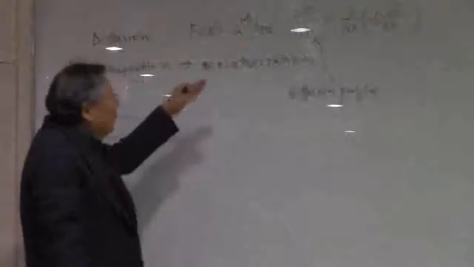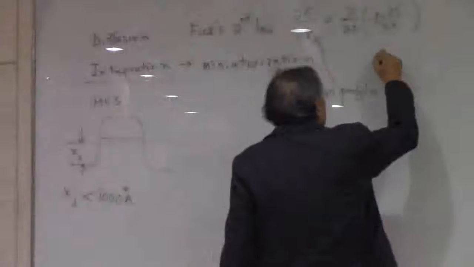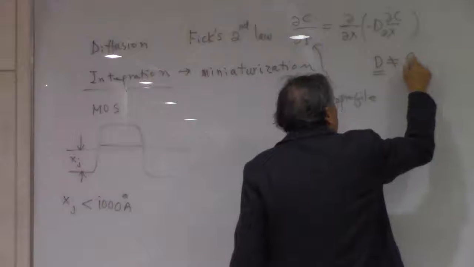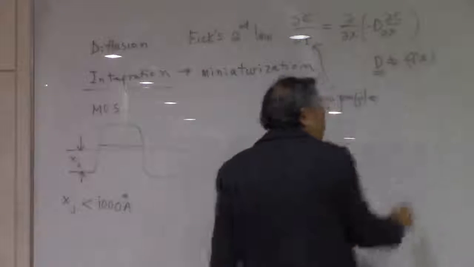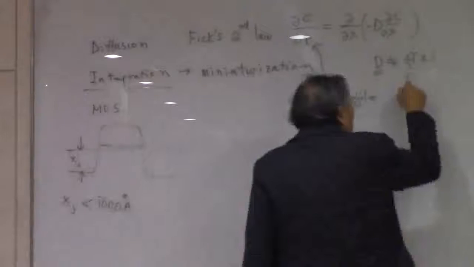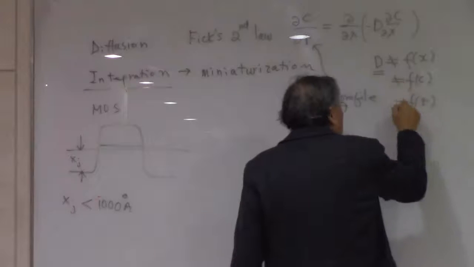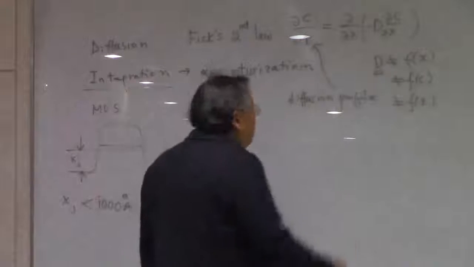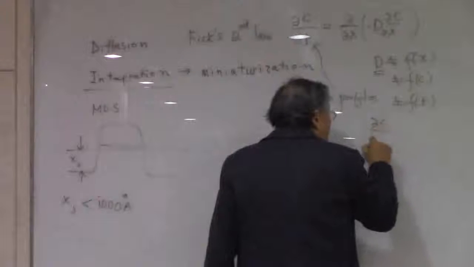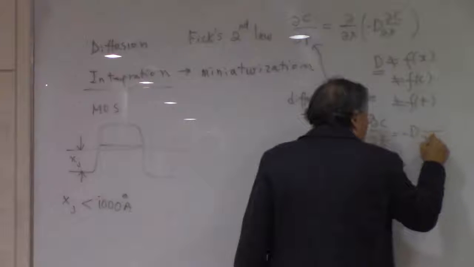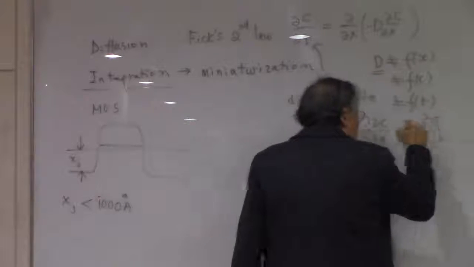This is the general formula for Fick's second law. And when D is not a function of X or a concentration, and it's not a function of time, then we can simplify this equation to D round X round, this partial differential equation.